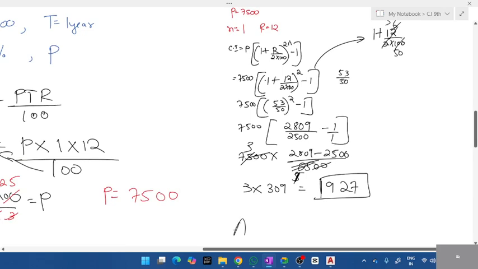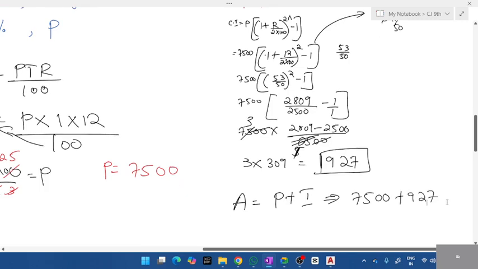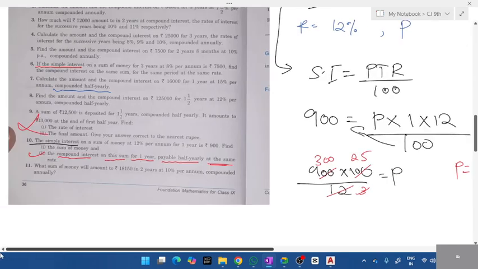Compound interest. Now tell me the amount. What's the amount formula? Amount is equal to P plus I. 7,500 plus 927. Can you check the answer? Ananya, Kia or Bhargavi?